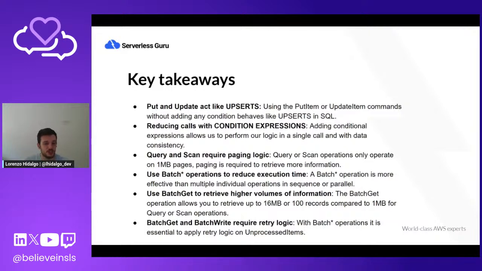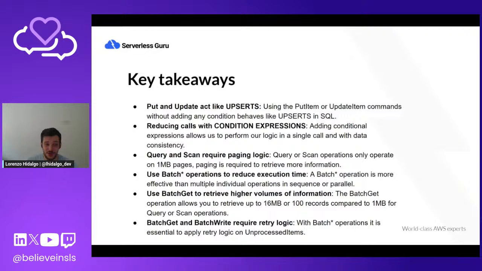Use batch operations to reduce execution time. As seen before, instead of doing sequential requests for get item or update item to DynamoDB, you can do them in a single batch operation. Or, a little cheeky hack: we saw that query and scan can only provide 1 meg of data.